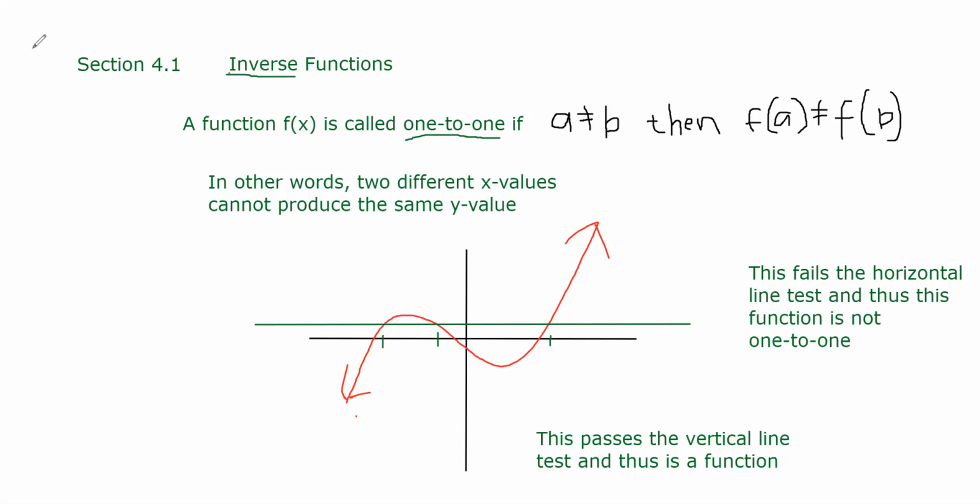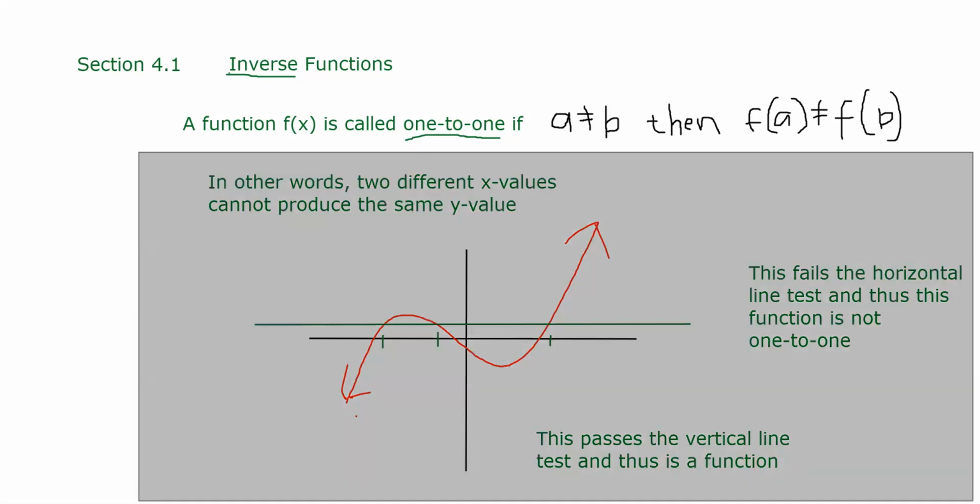That's a good thing that we're trying to get at. It doesn't always happen, though. And so only in special cases can we actually even talk about the inverse of a function. But we want to. We want to talk about it. So let's look at another example.